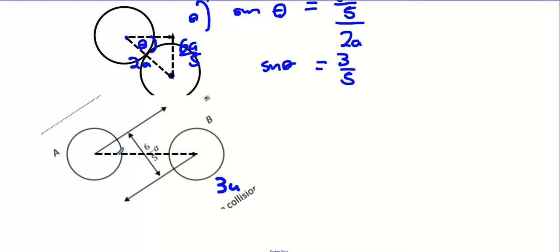This means A is angling up at theta and B is angling down at theta. It means I can break up their speeds.